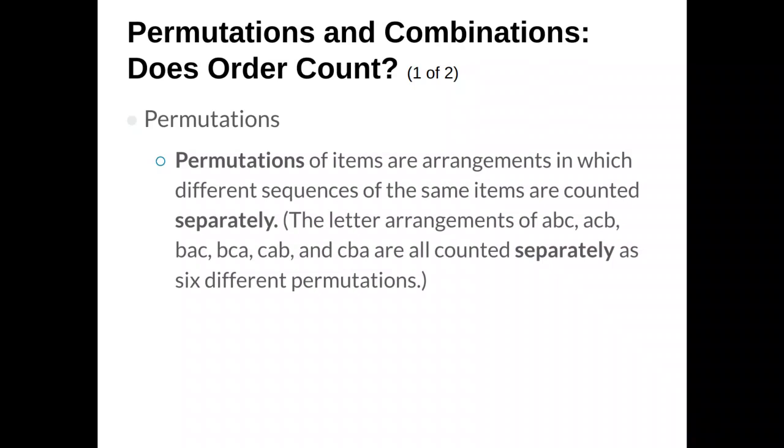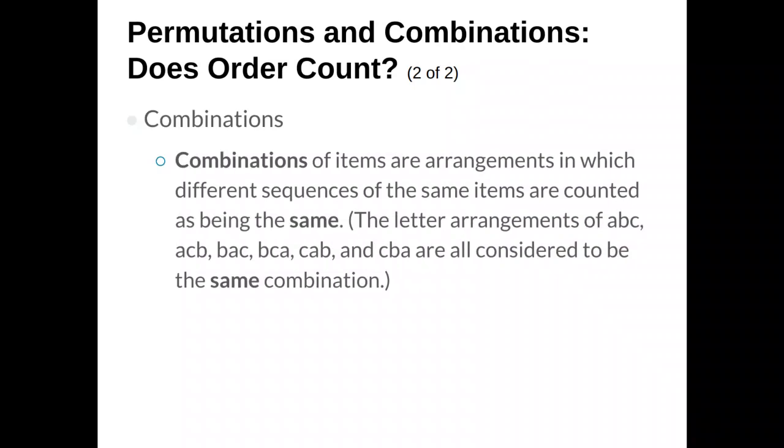In other words, it matters if you're first, second, or third. Think of this like finishing a race, right? It's different if you get first than it is if you get second. Okay, so a combination is an arrangement where different sequences are not counted separately. So in other words, it's just a grouping.